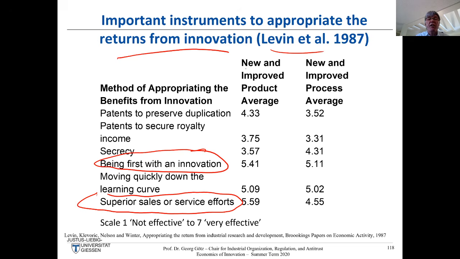And what Levin et al. learned in a survey with several hundreds of R&D executives, when they asked them which methods of appropriating the benefits from innovation are effective and which are not, is that being first with an innovation is much more effective than, for instance, patents.